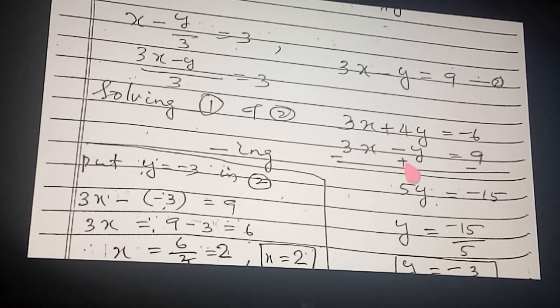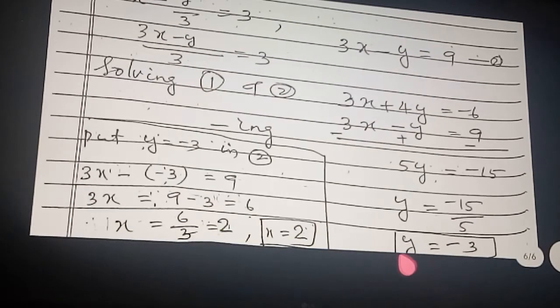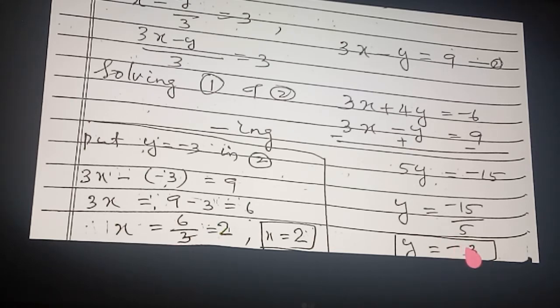Change the sign and add them. So 3x minus 3x, what will come? 0. 4y plus y, how much will come? 5y. Minus 6 minus 9, how much will come? Minus 15. So what's the value of y? y is equal to minus 15 by 5. So you got the value of y as minus 3.